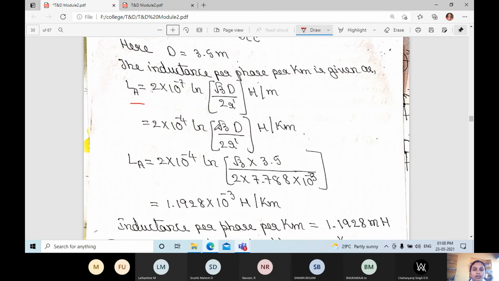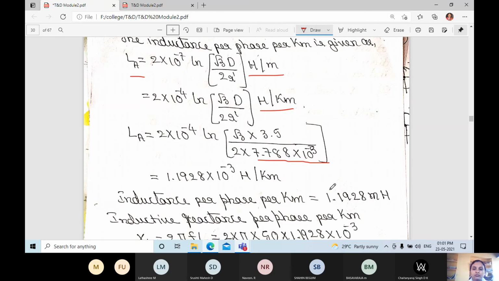So LA is equal to 2 into 10 to the power of minus 4. Why they have taken minus 4? You can observe here Henry per meter, here Henry per kilometer, and 10 to the power of minus 4. Ln square root of 3 into D value 3.5, 2 into R dash value 7.788 into 10 to the power of minus 3.